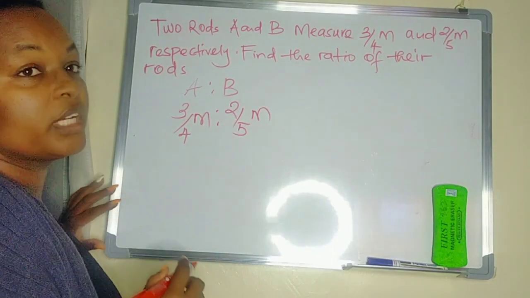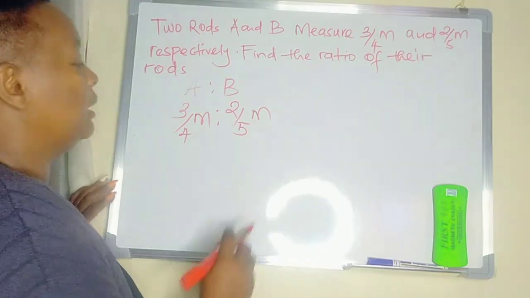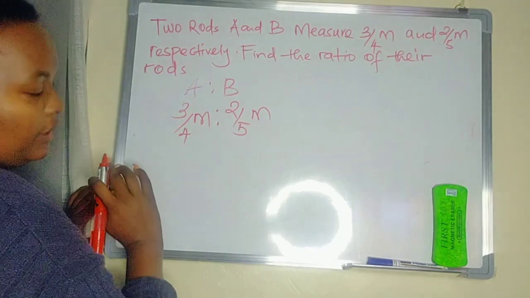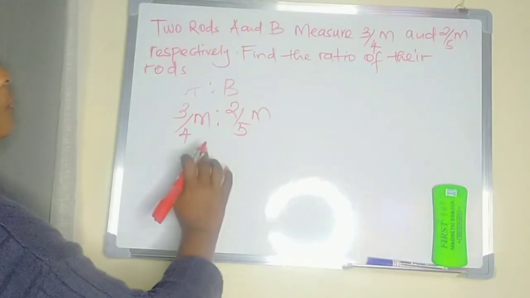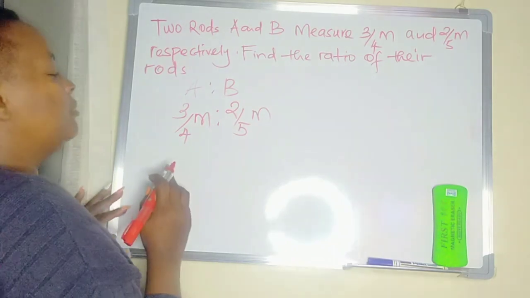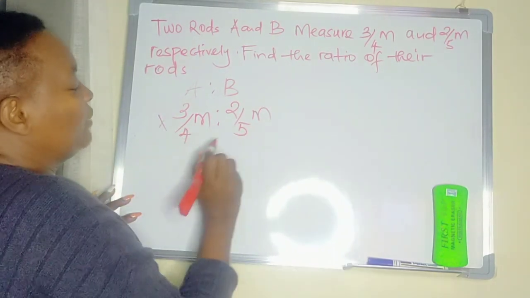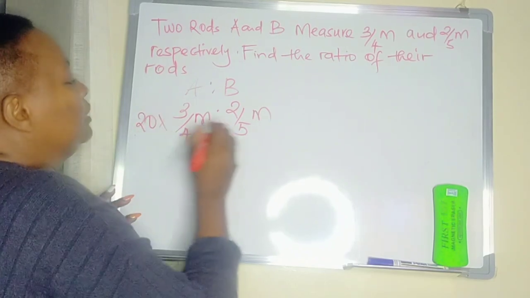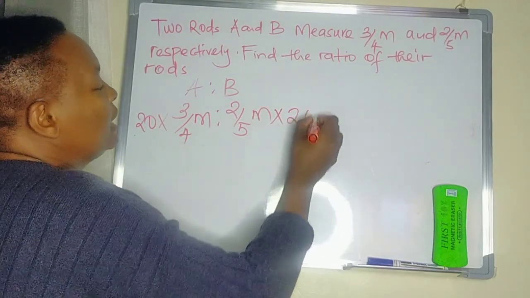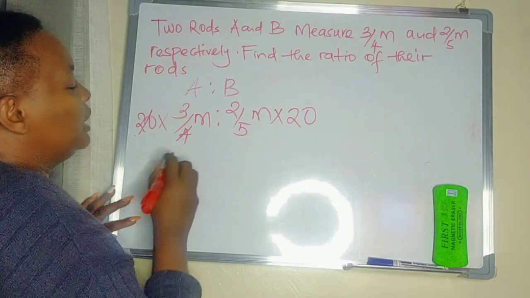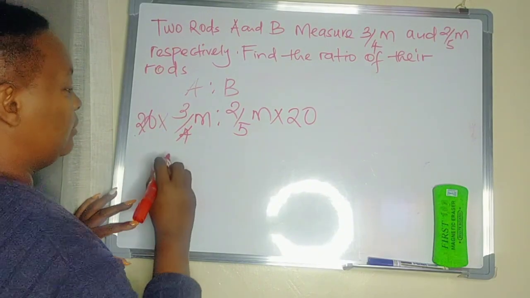So the first qualification is that they are both in the same units. Therefore, we just make this into whole numbers. We can multiply by the LCM of 4 and 5, which is 20, on both sides, so that we change these fractions into whole numbers.